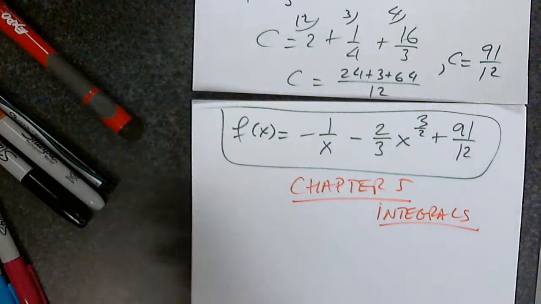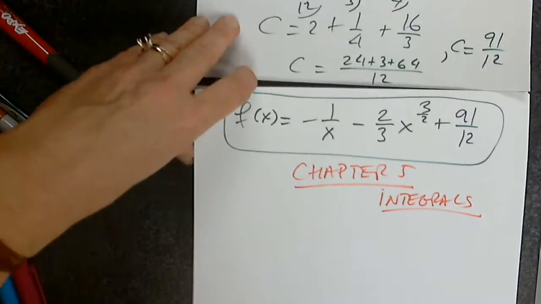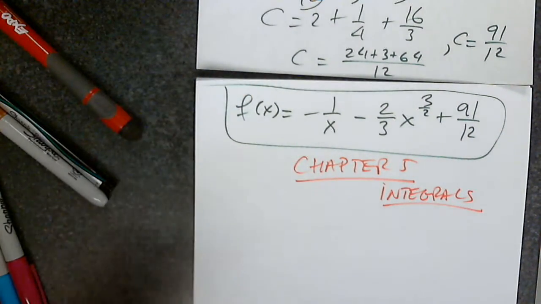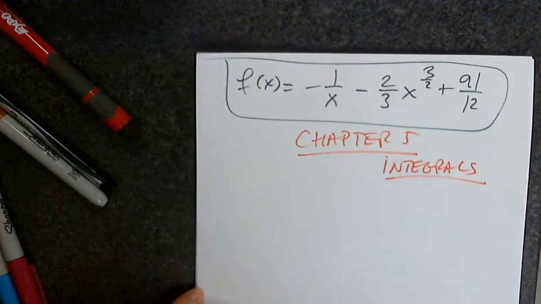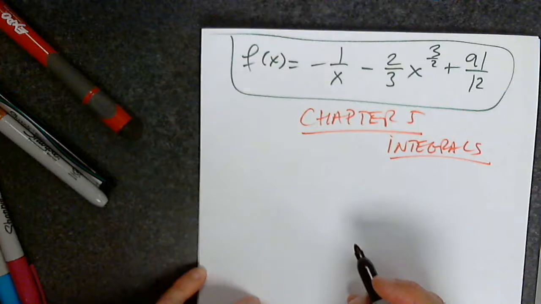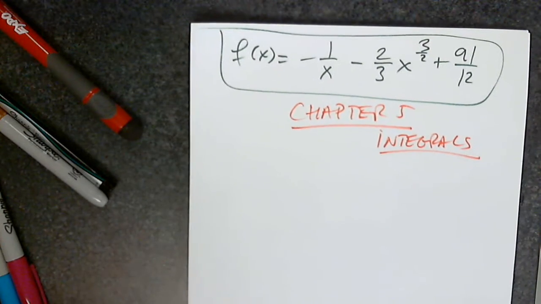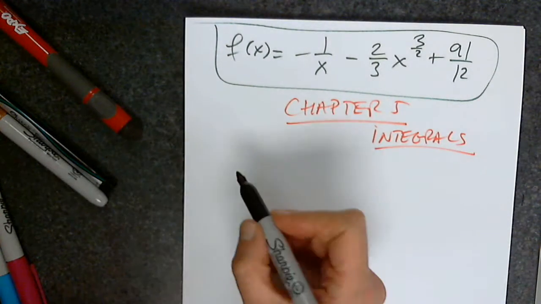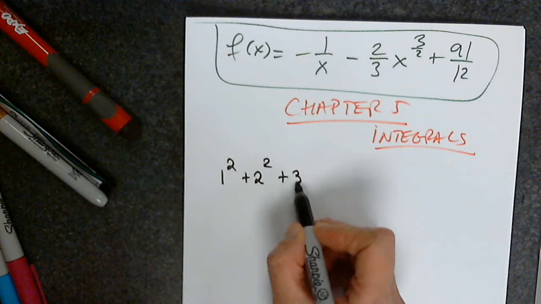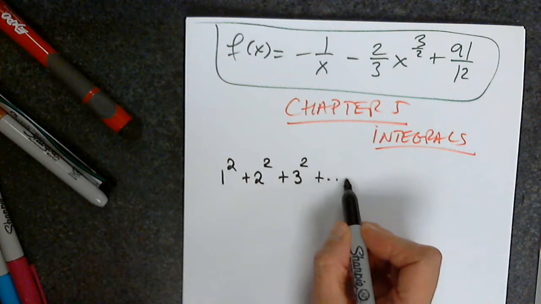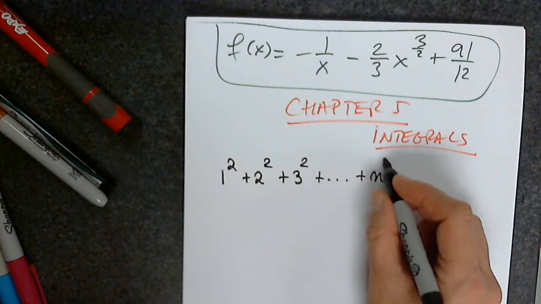We have a lot of preparation till we get there. So I'm not going to even define them at this point. So first we're going to look at a sum of terms. So let's say I want to write 1 squared plus 2 squared plus 3 squared plus ... plus n squared.